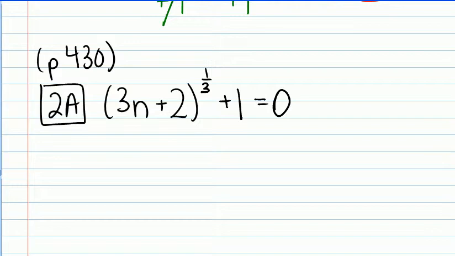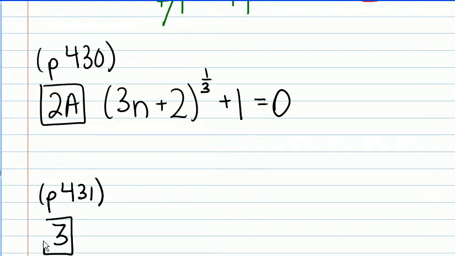And then on page 431 is problem 3. So again, try both of these. You can pause the video if you'd like. And when you have them done, come back and we'll go over the answers.